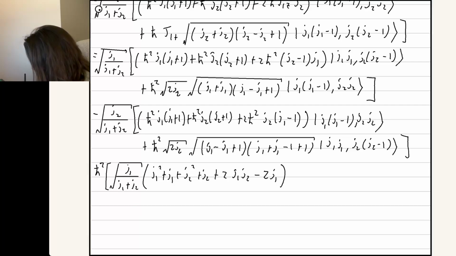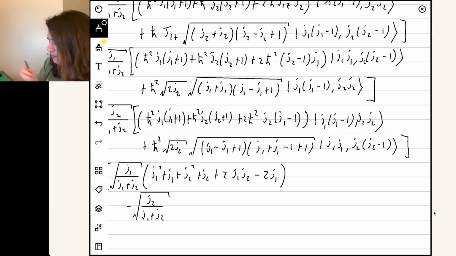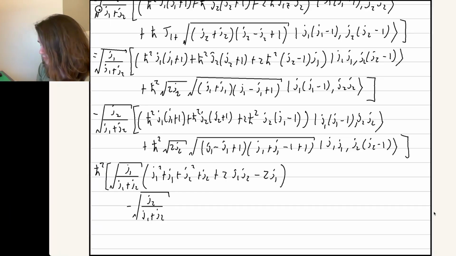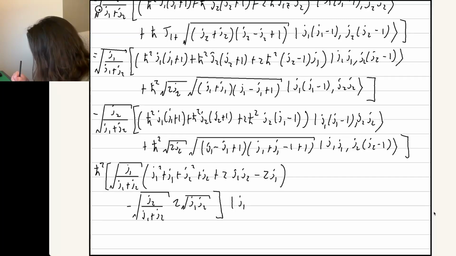And then in addition to that, we have the minus root of J2 over J1 plus J2. This is going to be root 2 J2 times root 2 J1. So it's just going to be 2 times the root of J1 J2. 2 root J1 J2. And all of that is acting on the state |J1, J1, J2, J2 minus 1⟩.